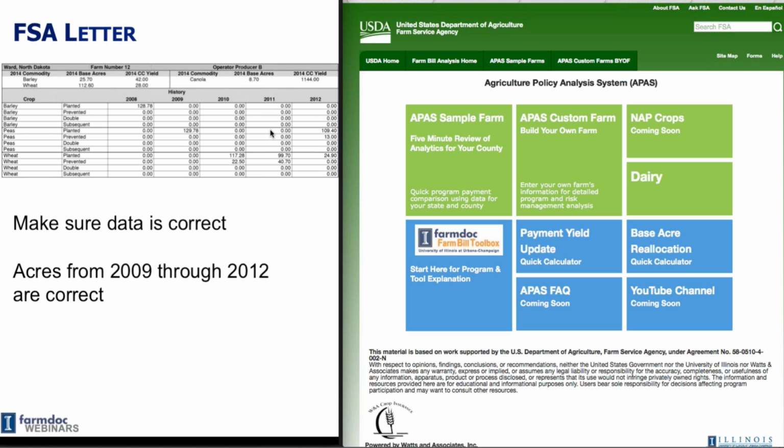Again, the base acres and CC yields for the commodities listed at the top of that table, those are the current base acres. So when we're referring to choosing between current or reallocated base acres, the current or existing base acres are the ones listed there at the top of that table.